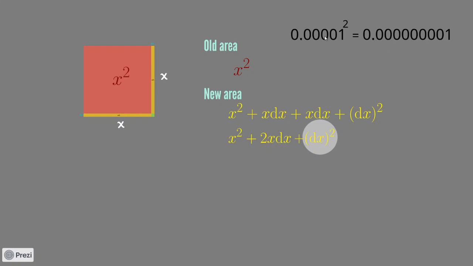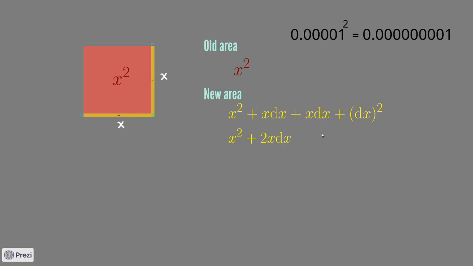Basically, you see that 0.001, such small numbers, when you square them, you get very teeny mini numbers, and therefore this dx whole square can be neglected. We can take it off, because it doesn't matter much. dx is a small number, and that is important for us. Now dx square is too small.